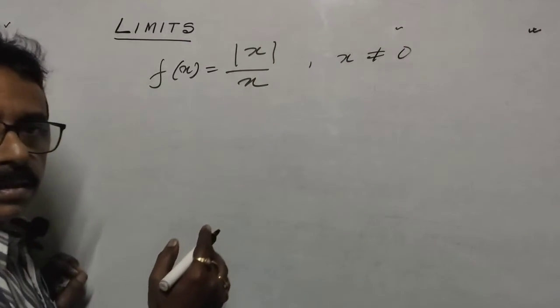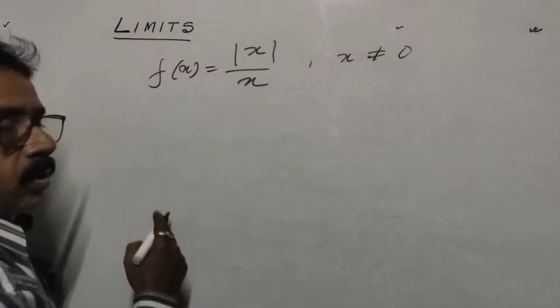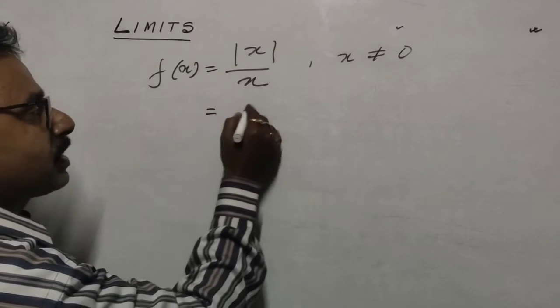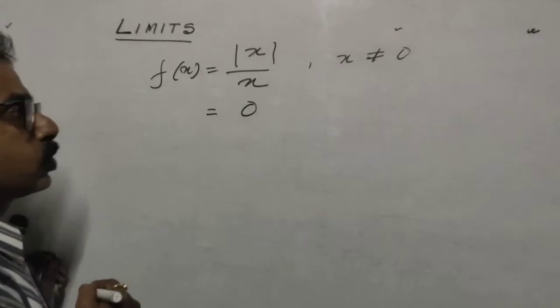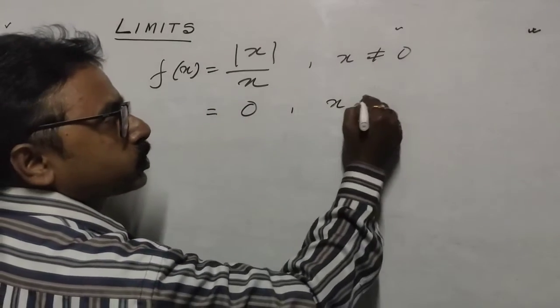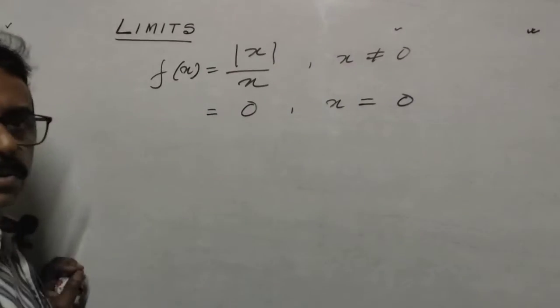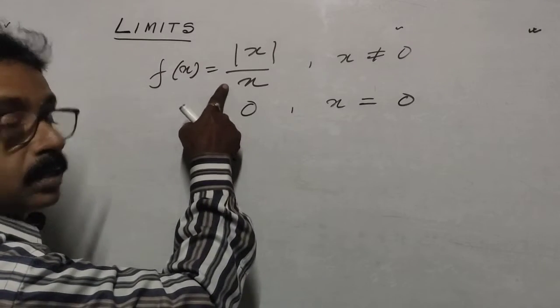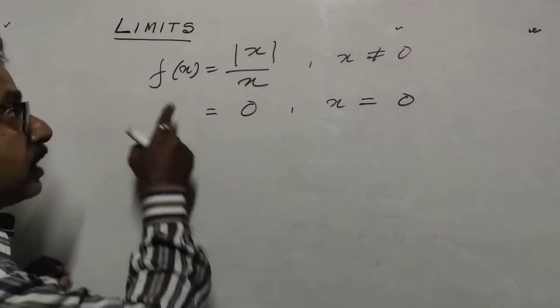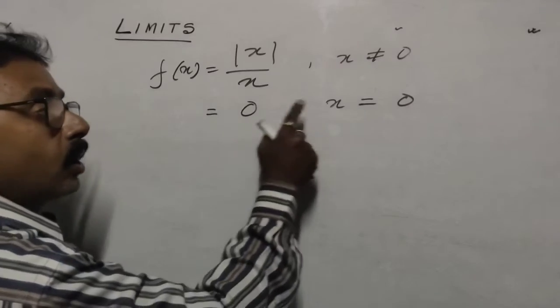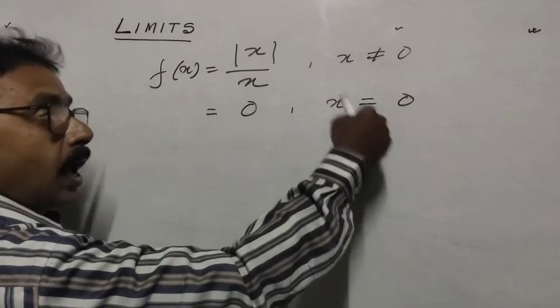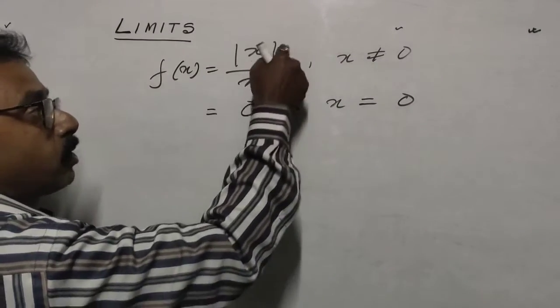But what is the value of f(x) when x is 0? Okay, let us define it this way: f(x) equals 0 when x equals 0. As we cannot take 0 here, that's why I define it this way, that f(x) will be 0 if I take x equal to 0. And other than 0, f(x) is mod x by x.